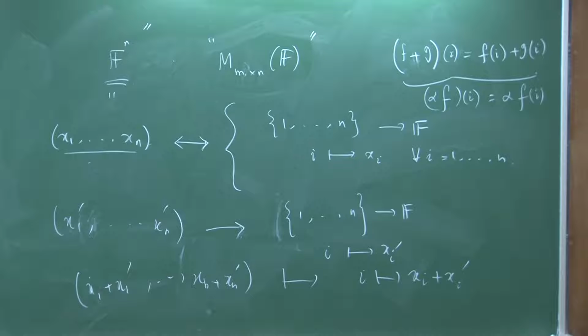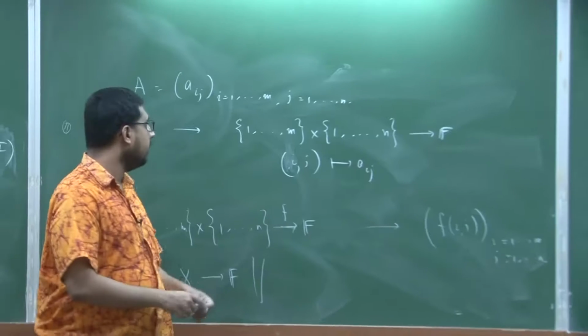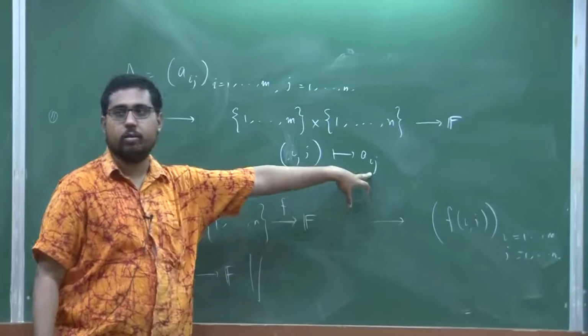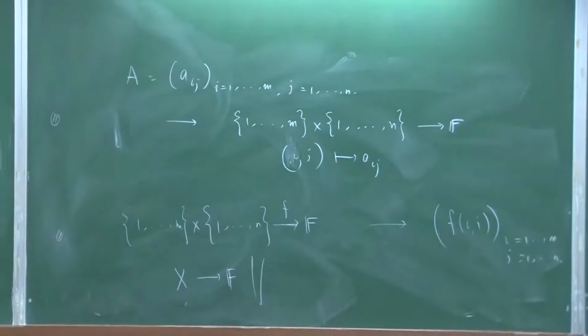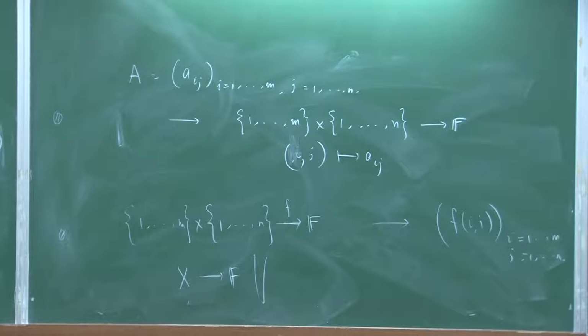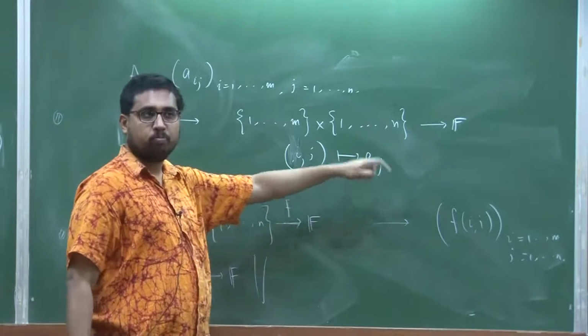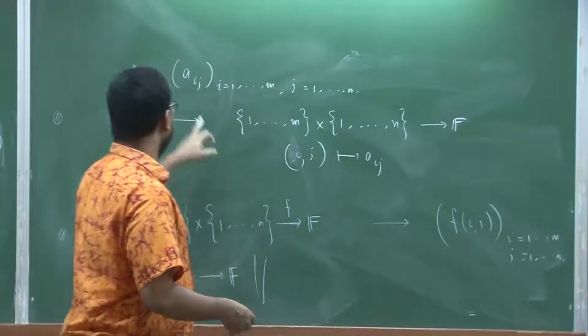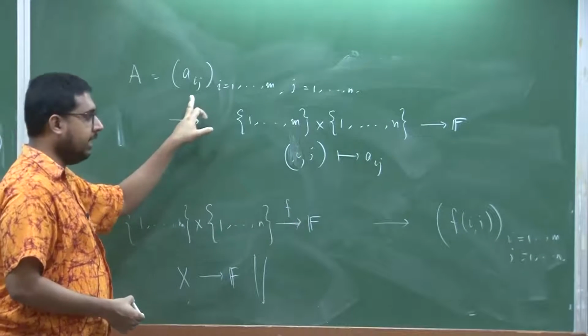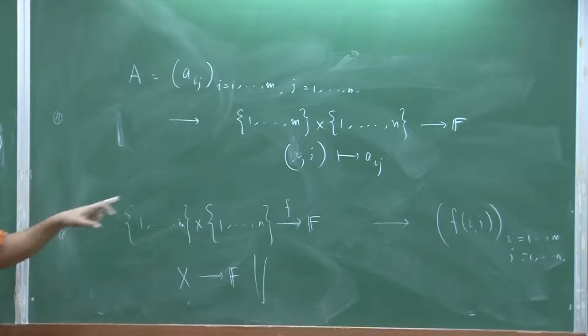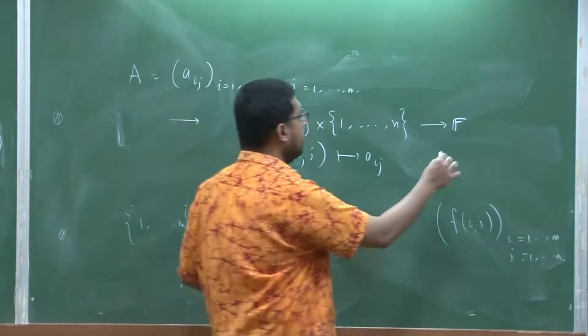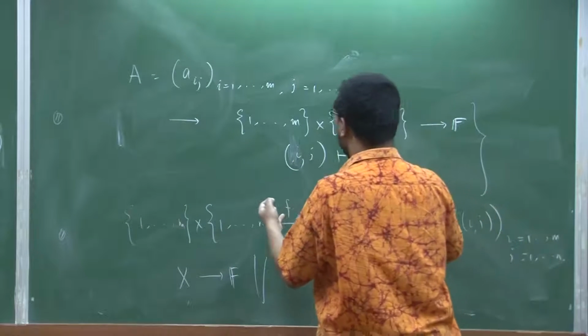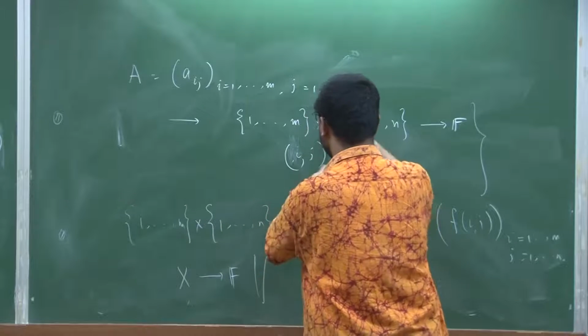Now, let us see what happens here. Here also we will have the same thing, right. If you add two matrices and then look at the corresponding map, it is going to be the addition of the maps corresponding to the matrices. If this matrix has components Aij, the other matrix has components Bij, then the ij-th component of their sum will be Aij + Bij.